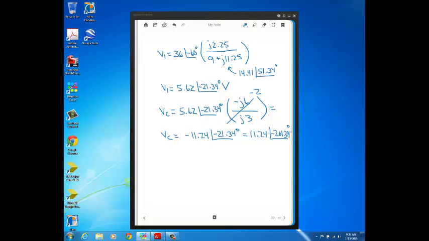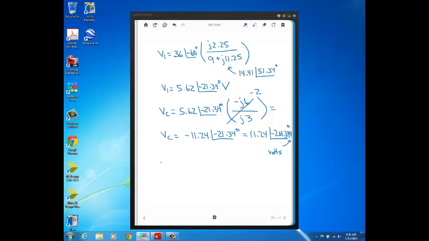And squeeze in volts here. Alright, that's units of volts. Ran out of room. So you see, that's our answer for capacitor voltage in phasor form.